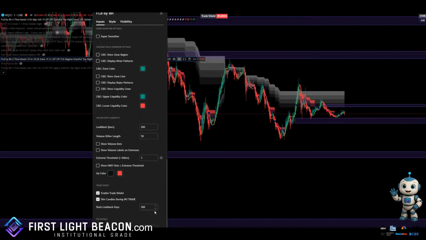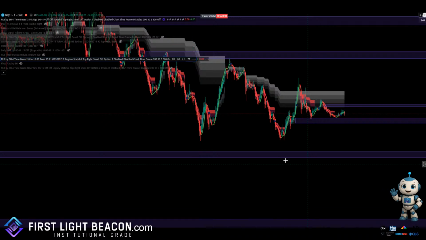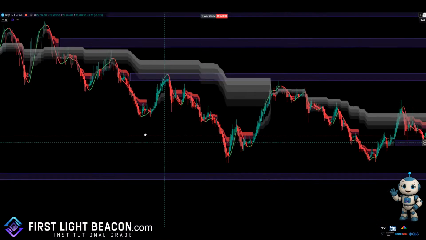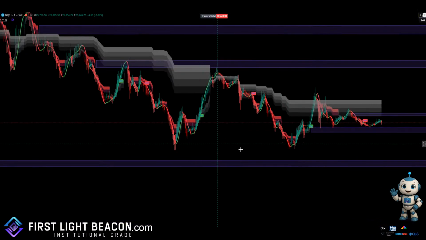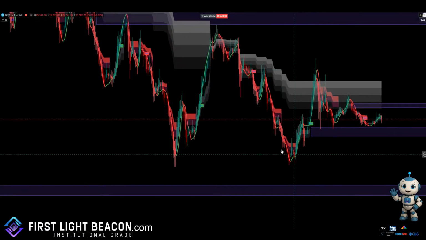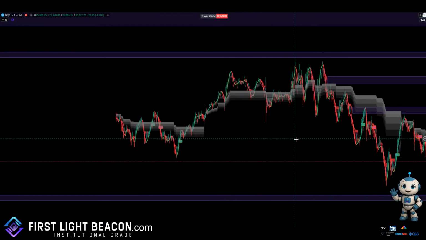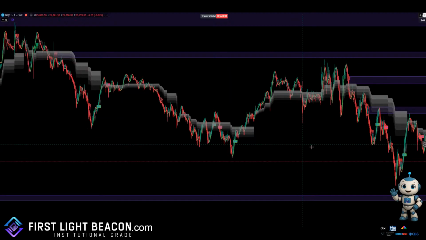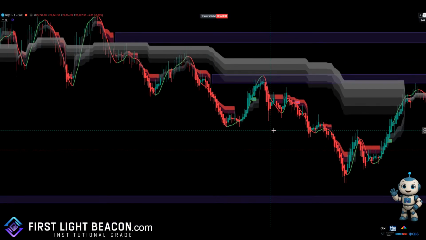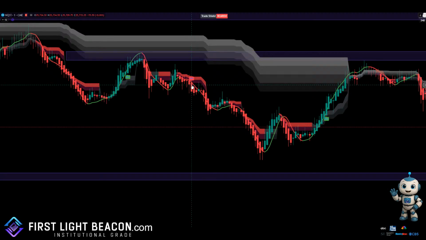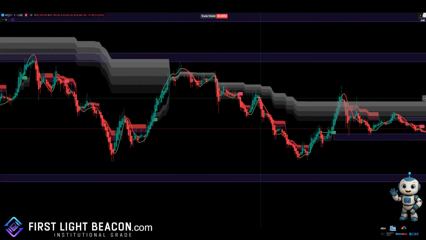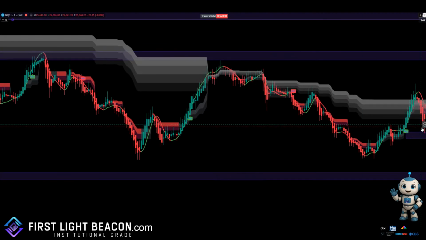But then the signals, if you use the signals, a lot of people ask how these work. I use them on higher time frames, but they're based on volume and ATR, and a few other things. They're not just something that you click.